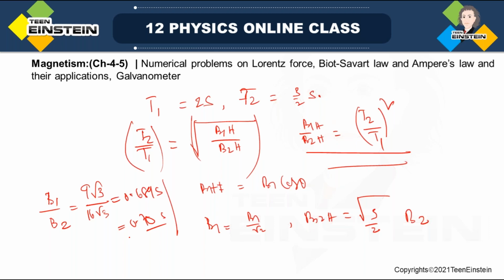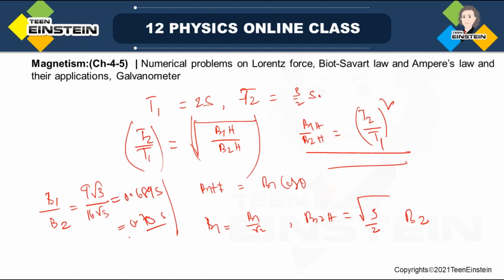So what were the turning points? The points were that you have to find out the relation between the time period and the horizontal component of the magnetic field, along with the oscillation part. If you are able to do that, then the horizontal component is the total magnetic field into cos theta, the angle of dip.